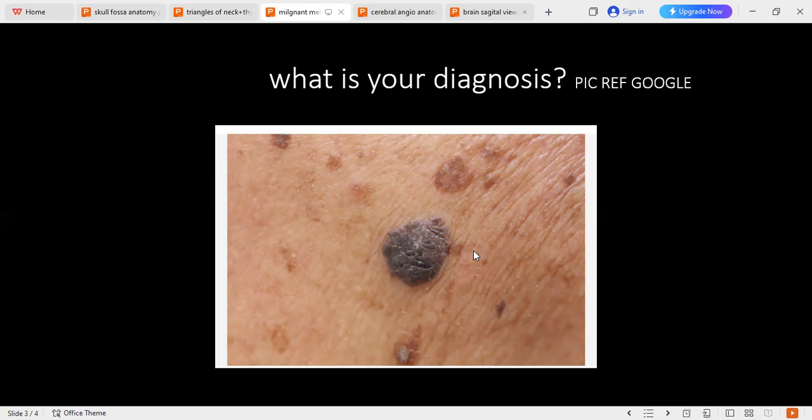And by immunohistochemistry also. What about the difference on biopsy? Melanocytes have the presence of melanin inside the cell, while in the epithelium there is no melanin in the cell.